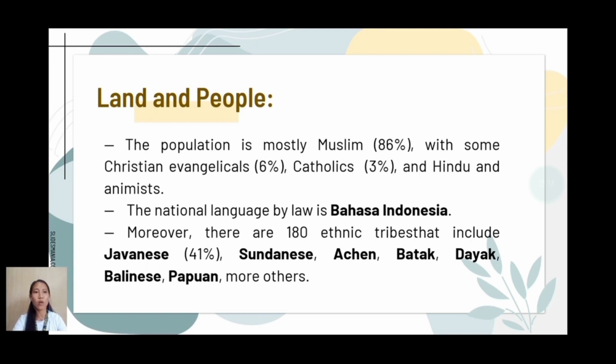Moreover, there are 180 ethnic tribes that include Javanese, which cover 41%, Sundanese, Akan, Batak, Dayak, Balinese, Papuan, and many others. The national language used by Indonesian people by law is Bahasa Indonesia. But there are more than 742 languages and dialects among 300 ethnic groups.